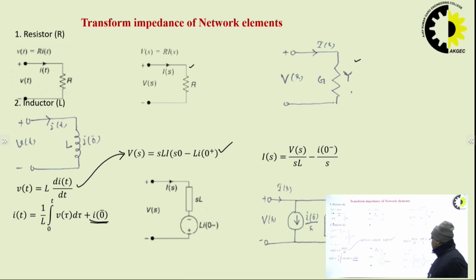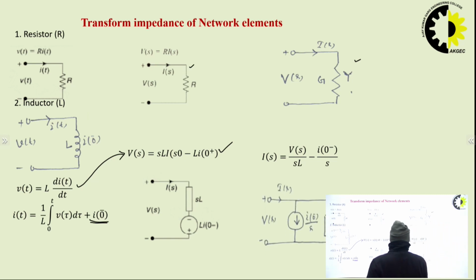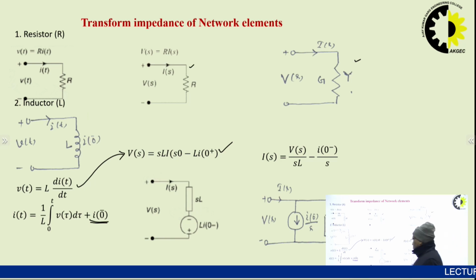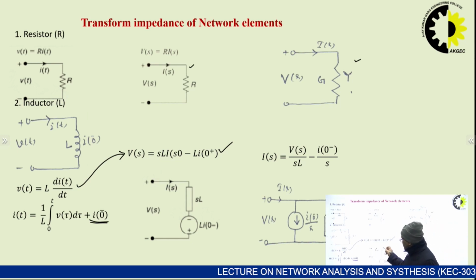So this is the inductor circuit in S domain. Here we can see there are two types of circuits of the inductor in S domain. When the circuit is appropriate to apply Kirchhoff's voltage law, then we draw this equivalent.